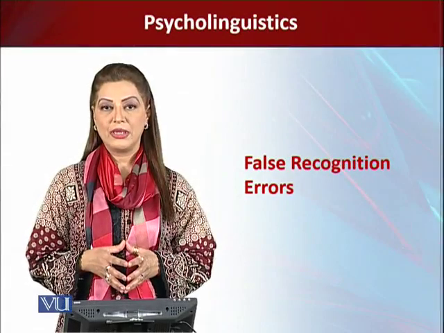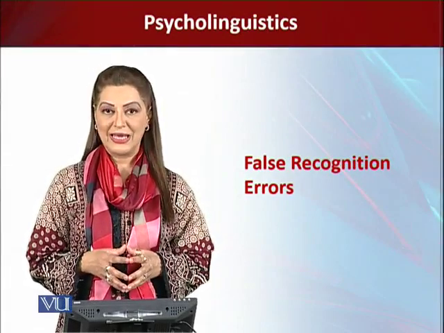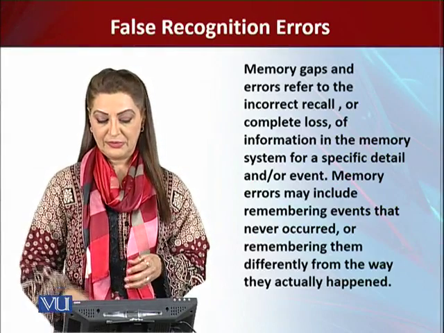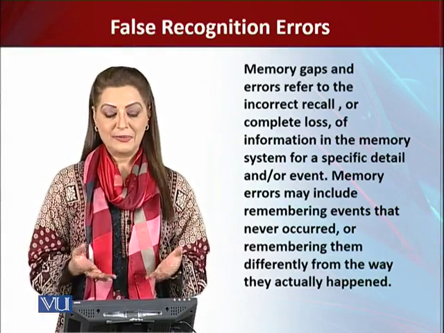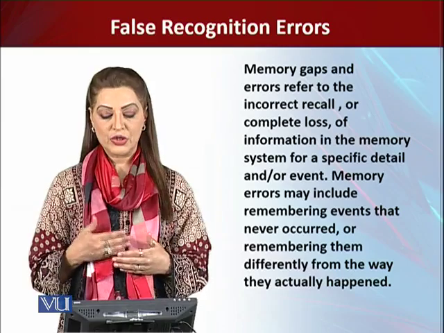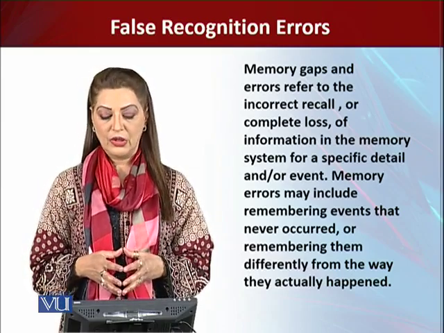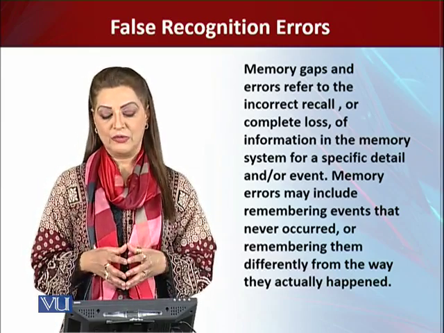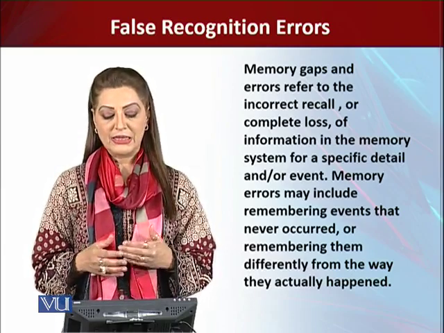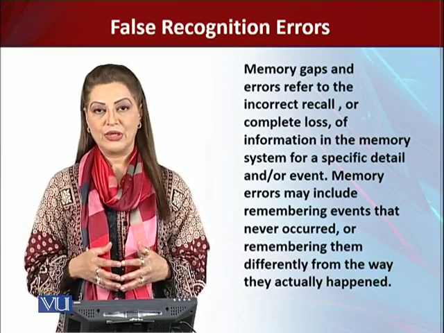The next topic is false recognition errors. Memory gaps and errors refer to the incorrect recall or complete loss of information in the memory system for a specific detail or event.